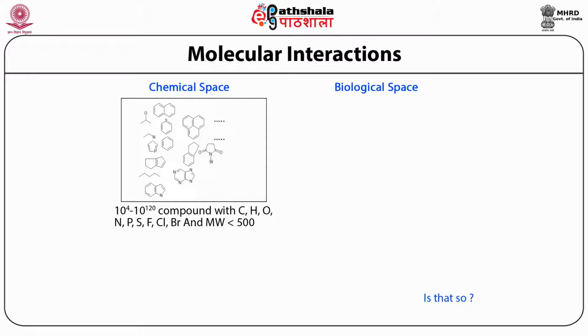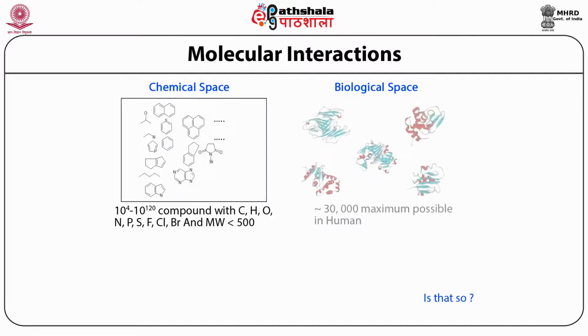However, if we look at this structure space, we can as well find that there will be an equivalent biological space, that is, the known crystal structures in PDB. And if we have the structures, or can use those structures to model our required structures, we can have a large biological space as well.